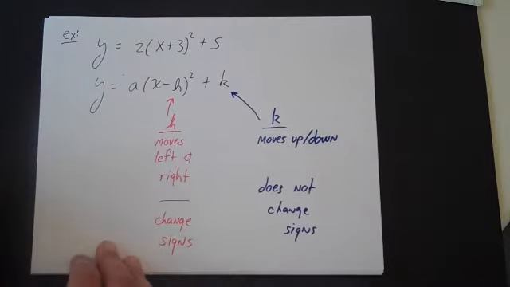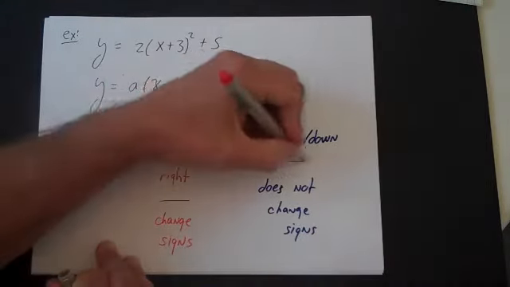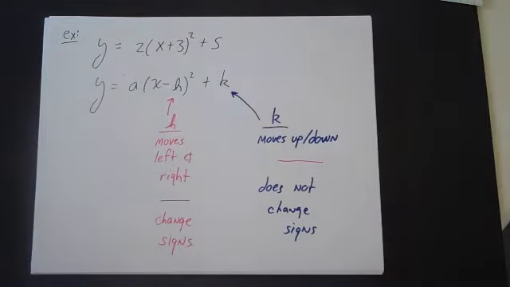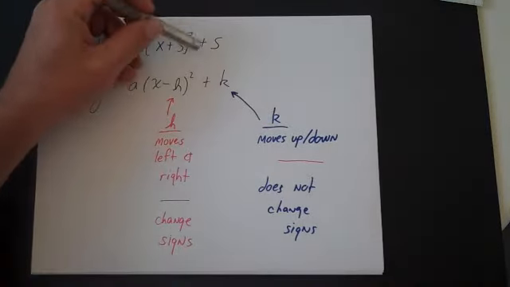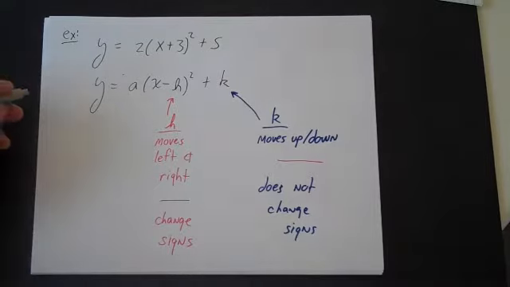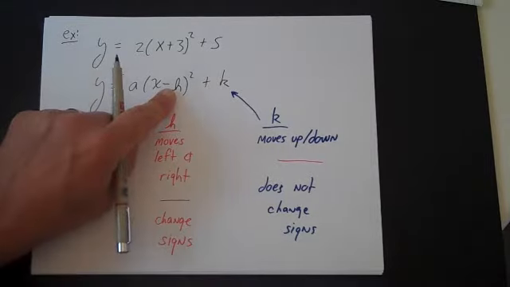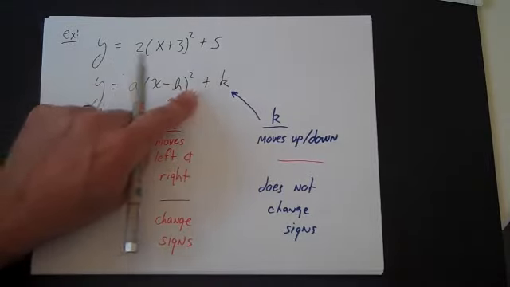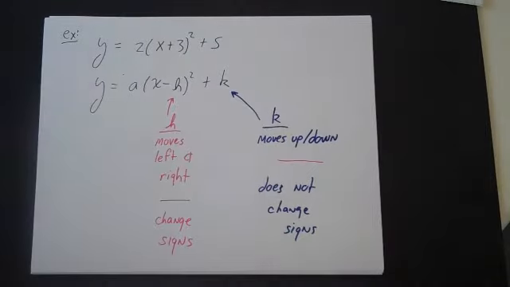So in this case, k is up here, so that's going to be 5, and it doesn't change signs, it's going to be a positive 5. So this is going to move it to the left 3, and it's going to move it up 5.